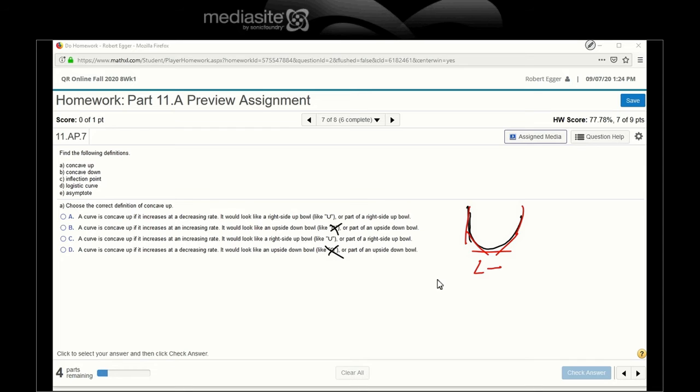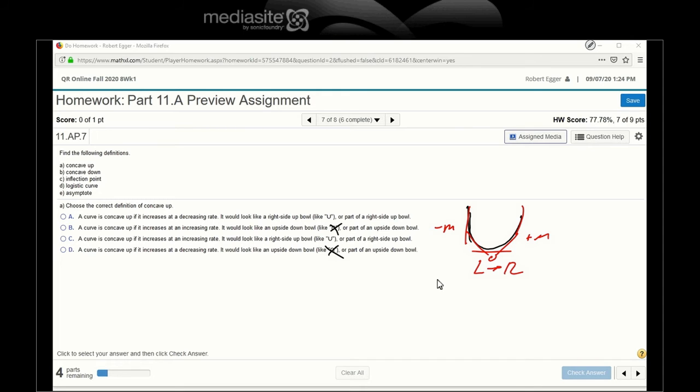So as I go left to right, concave up is increasing at a decreasing rate. So in this case here, I'm going from a negative m to 0 to a positive m.